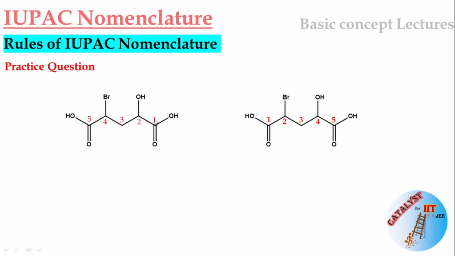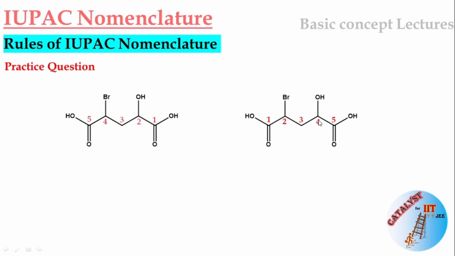If you start from the right, then 1, 2, 3, 4 and 5. The second position will be given to your hydroxy functional group and the fourth position to your bromine functional group. While if you start from left to right, then the second position will be given to your bromine functional group and the fourth position to your hydroxy functional group.